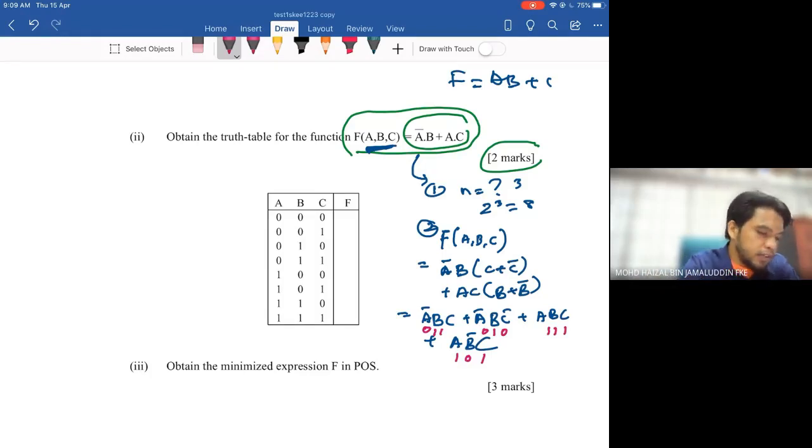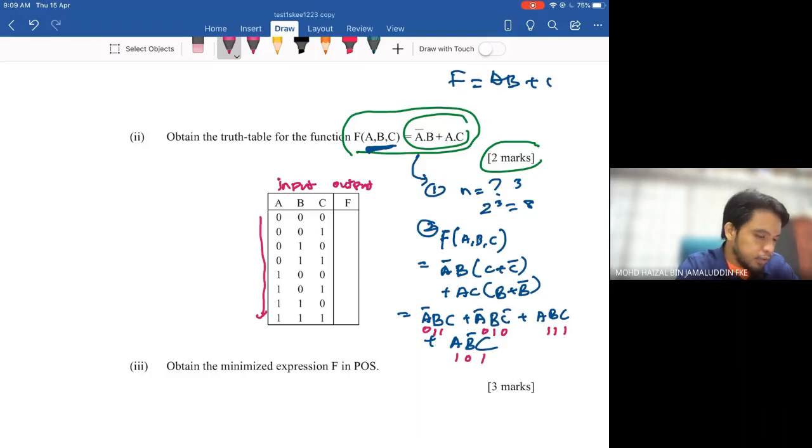Then you know already that this is a 3 variable function. So you draw the truth table: A, B, C, F, and you put all the 8 combinations here. You see here, we didn't write the word input and we didn't write the word output. It's okay. The important thing is the variables are there: A, B, C, and F is the output variable.